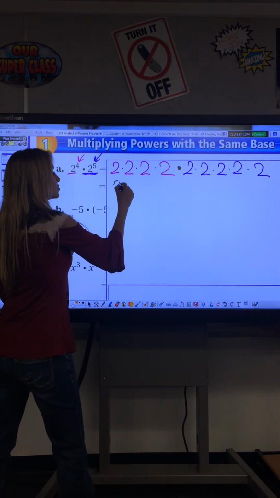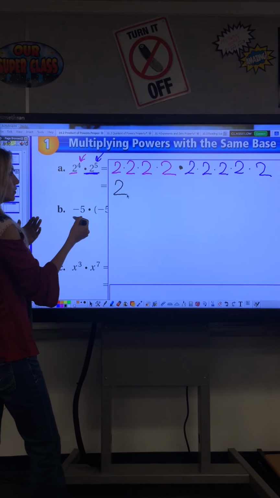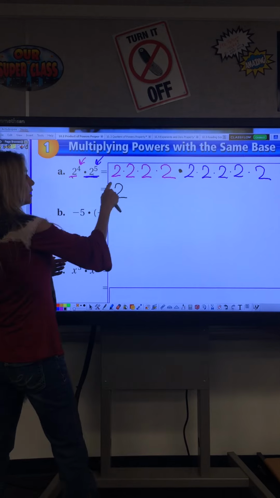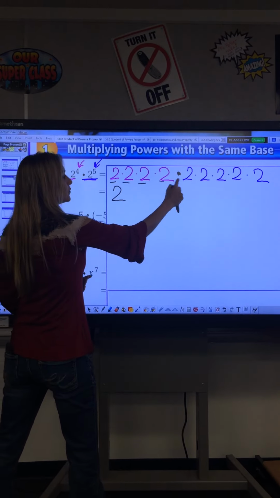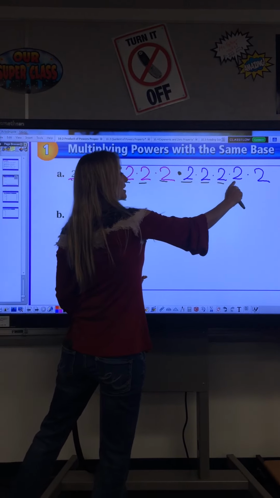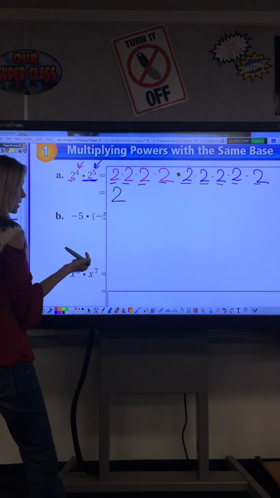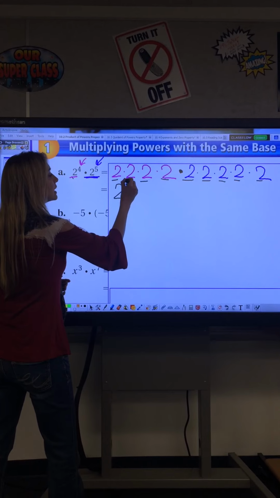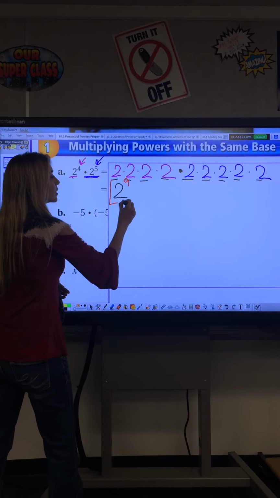What is going to be the true exponent? Well, I have 2, which is the base, which is the same. And how many of them do I have? 1, 2, 3, 4, 5, 6, 7, 8, 9 of them. So the answer here is 2 raised to the 9th power.